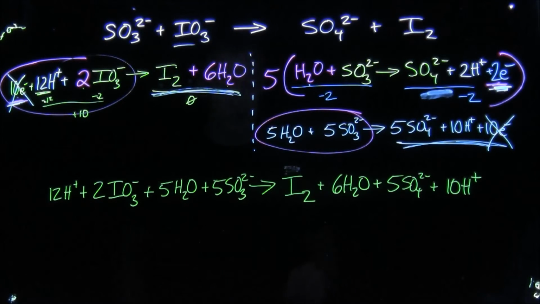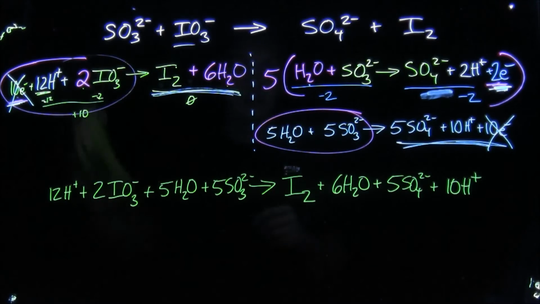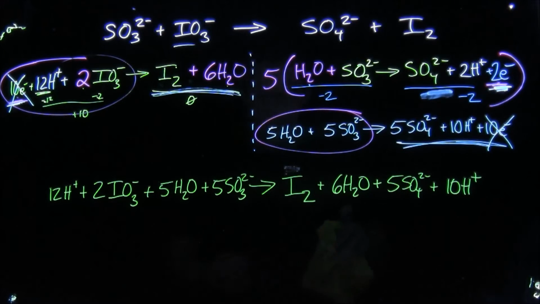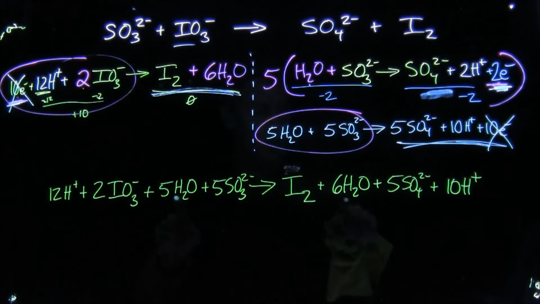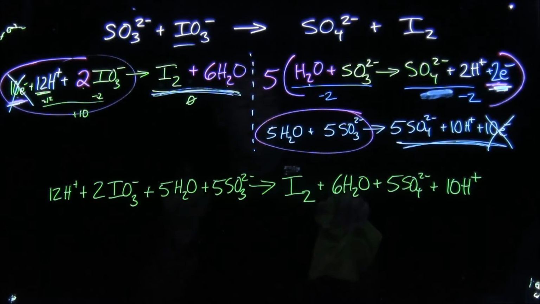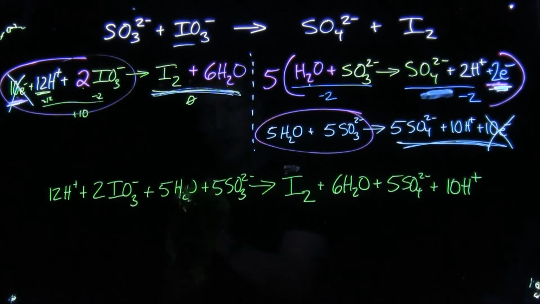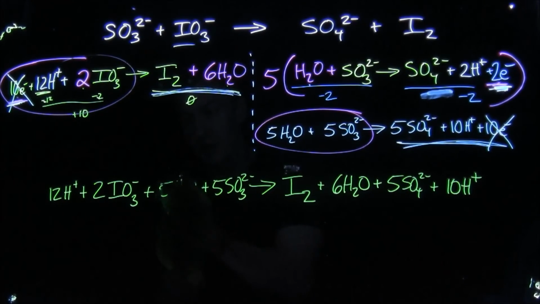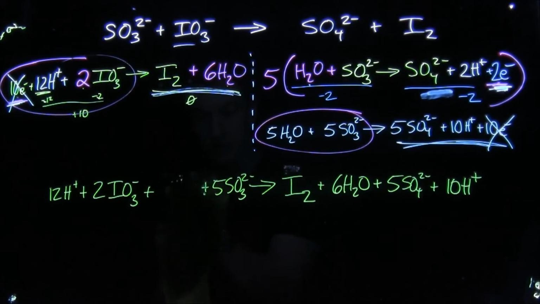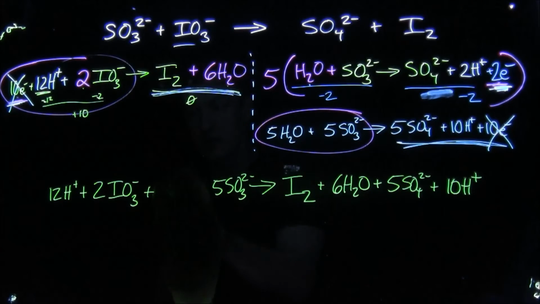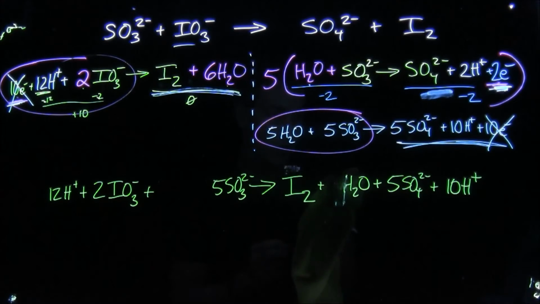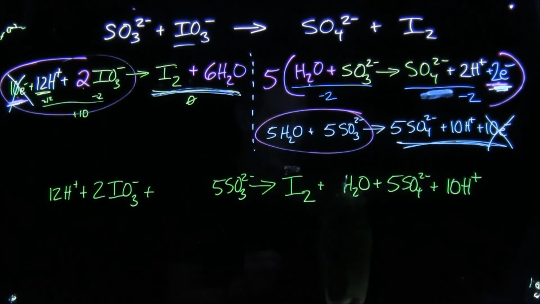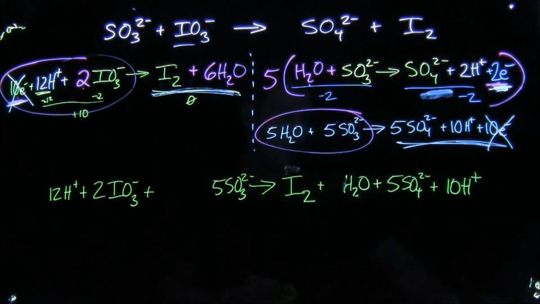The only other thing that we can do here, we can eliminate some stuff, right? Because there are 5 waters on the reactants, there's 6 waters on the product. So that means 5 waters didn't really do anything. So we can get rid of 5 waters on each side. So that knocks that down to no waters. And this one's going to get knocked down to just 1 water.